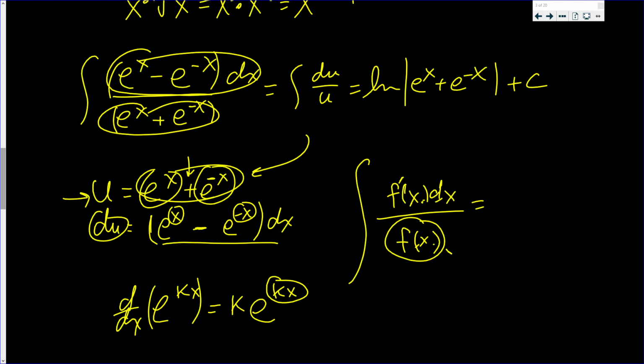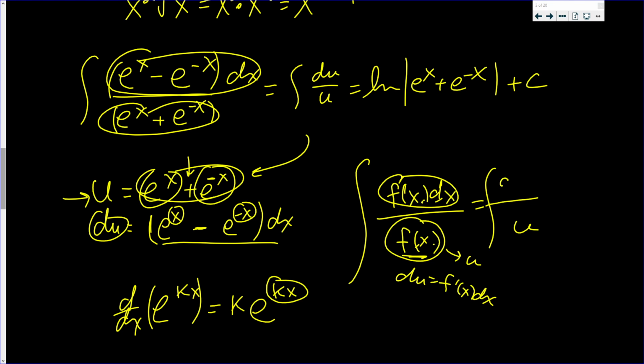Well, if I call the bottom u, then du would be the derivative of f of x dx. Ooh, that's what I have on top. That's du. Whenever you have that, it's ln of f of x, ln of u, which is f of x, plus a constant. You have u in the denominator and du on top: ln of u.